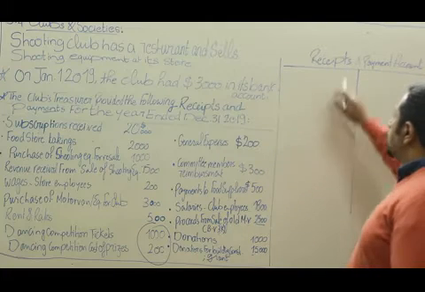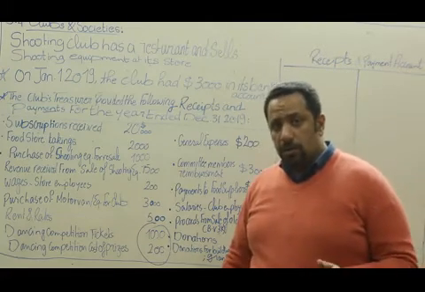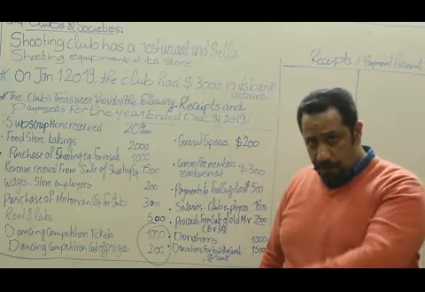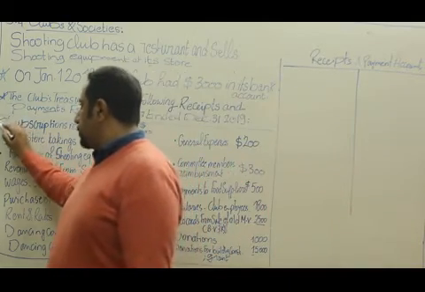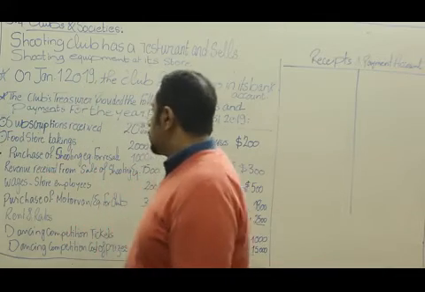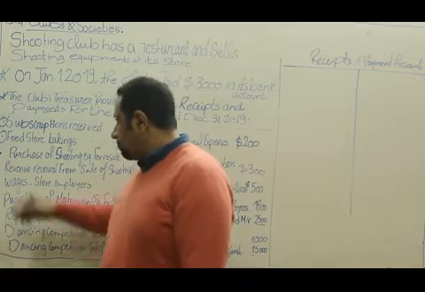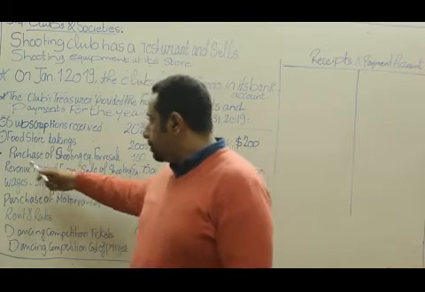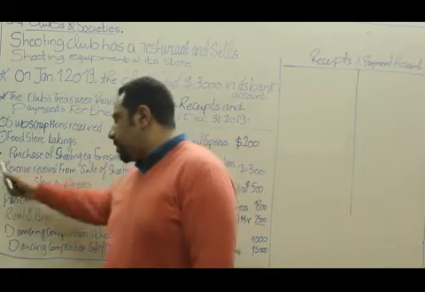Now, how am I going to prepare the receipts and payment account? First, I'm going to segregate the receipts from the payments. Subscription receipt, this is a receipt. Food store takings, the amount of meals sold to members of the club. Purchase of shooting equipment for resale, this is a payment.